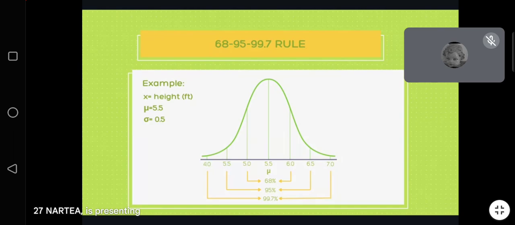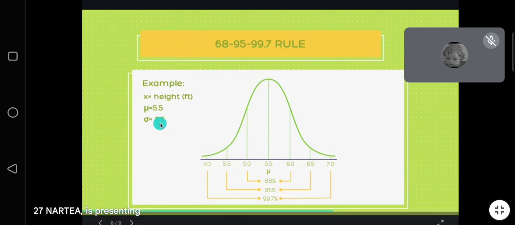Next we have the 68, 95, 99.7 rule. I'm going to explain this rule through a sample. Let's say we are measuring the height of a population in a local school. It is normally distributed with a mean of 5.5 and a standard deviation of 0.5.